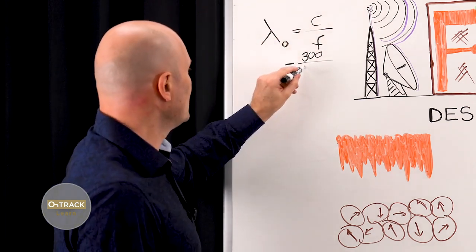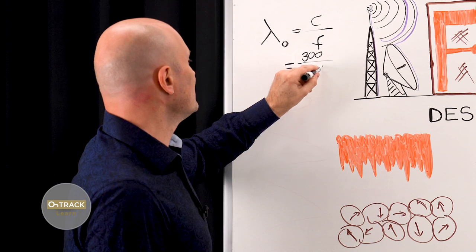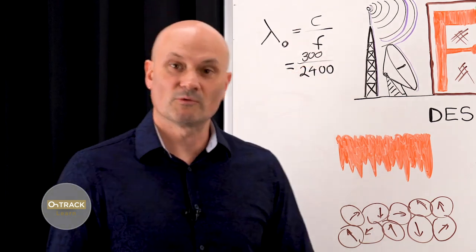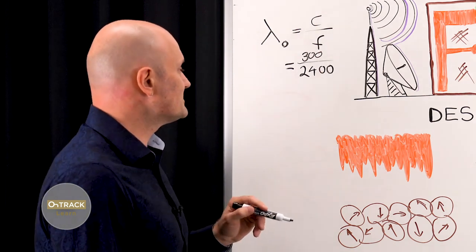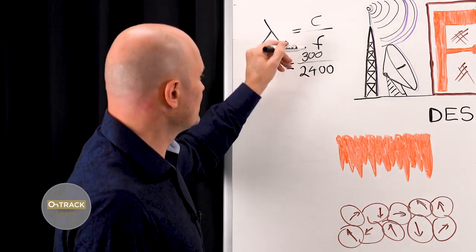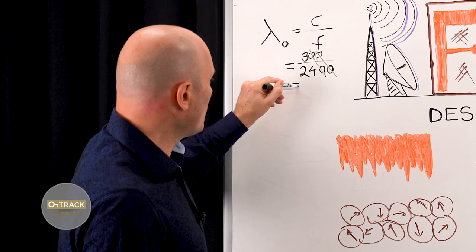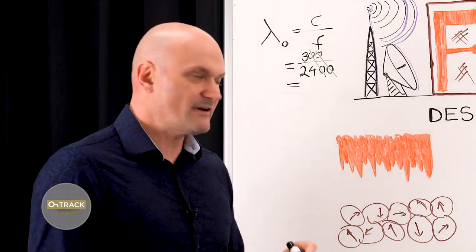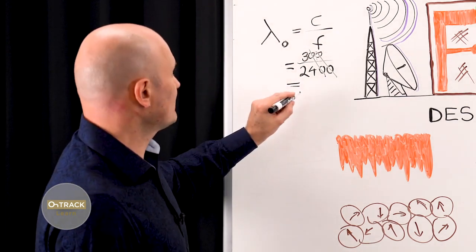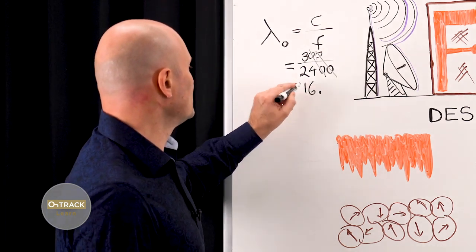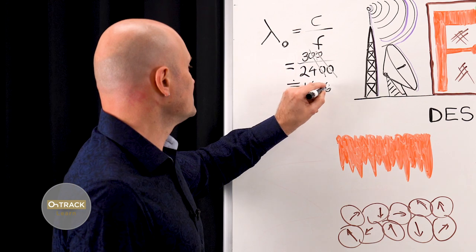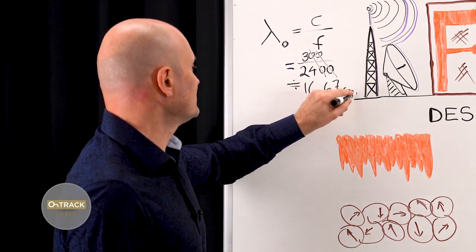So if I have a 2.4 gigahertz signal, which is the Wi-Fi or Bluetooth sort of range, I'd say 300 over 2400, and the wavelength in air or vacuum of a signal at that frequency is approximately 16.67 centimeters, right?